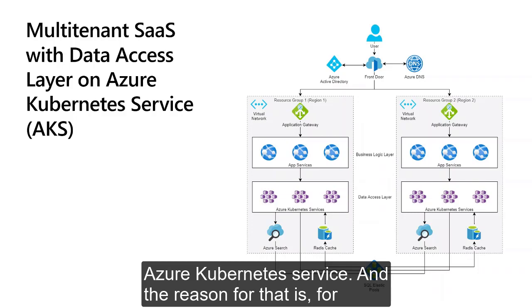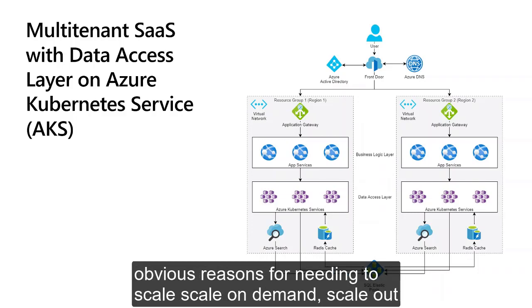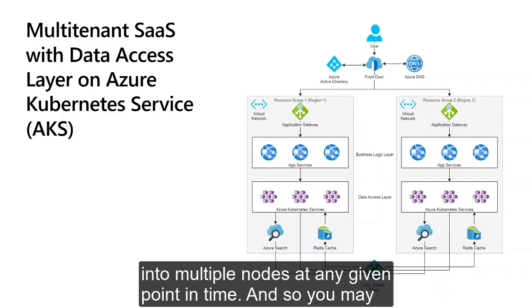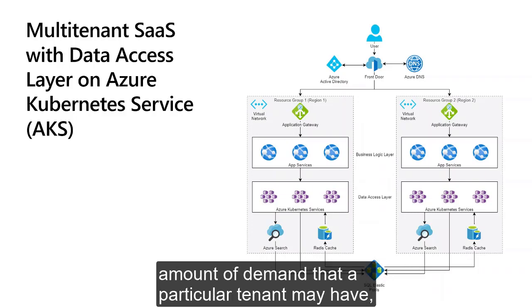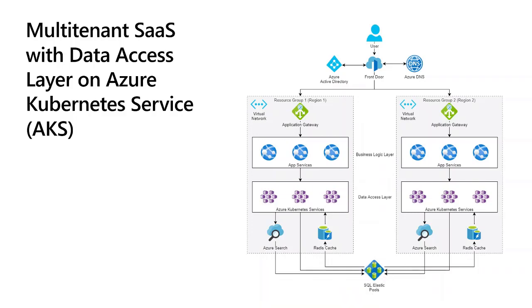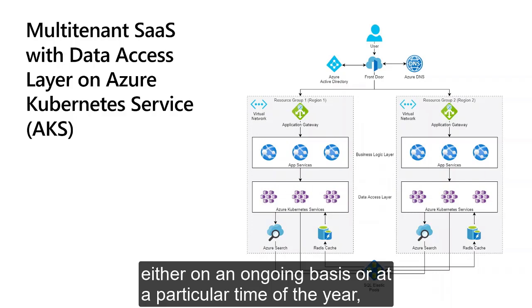The reason for that is, for obvious reasons, needing to scale on demand, scale out into multiple nodes at any given point in time. You may need to do that depending upon the amount of traffic and the amount of demand that a particular tenant may have, either on an ongoing basis or at a particular time of the year.